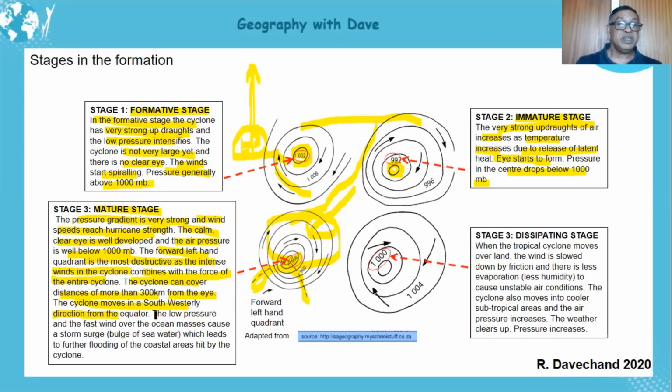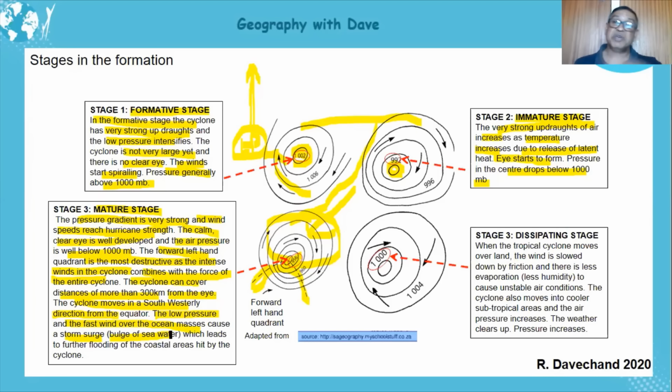The low pressure and the fast moving wind over the ocean masses cause a storm surge also. A huge bulge in the sea water. You find those bulges occurring over the sea, and that's massive, can be meters high.